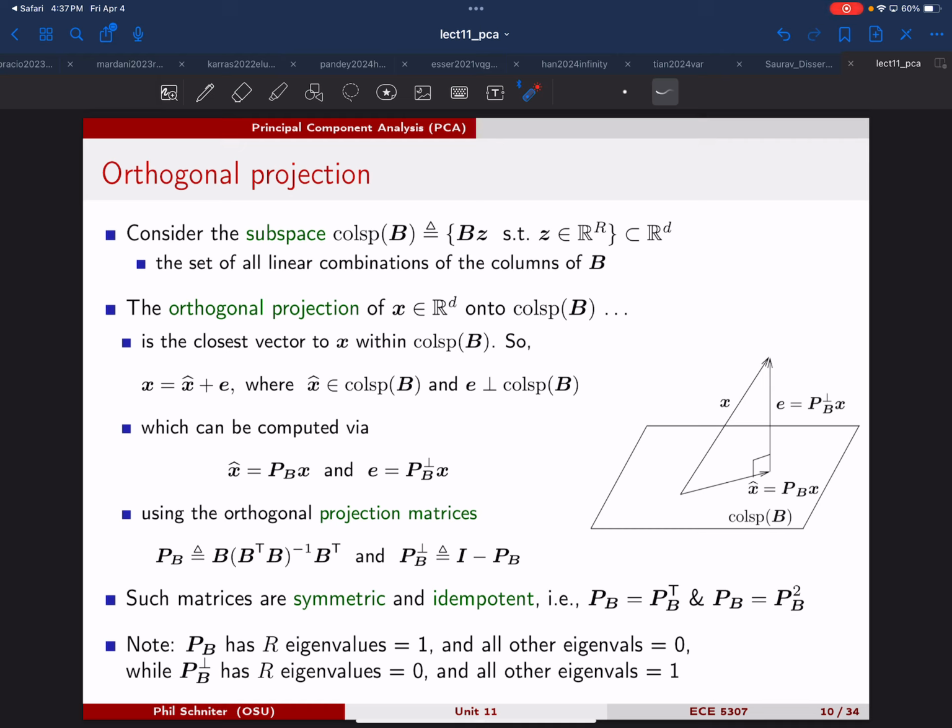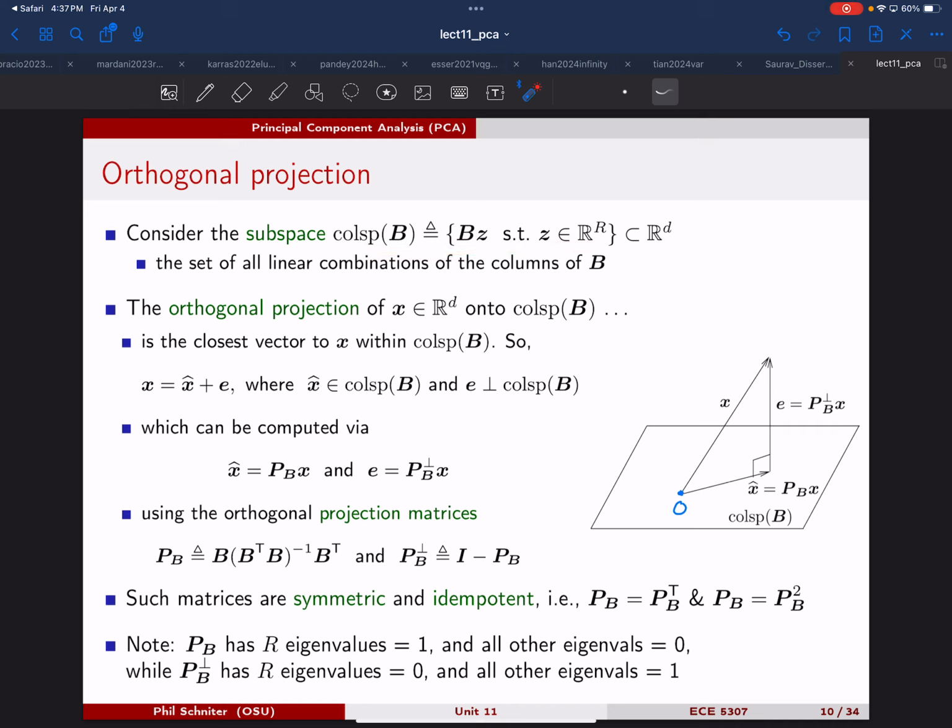In other words, I'm talking about all linear combinations of the columns of B. So in this picture, this here would be the origin. And if B would be any two vectors in this plane, then by taking all the linear combinations of those vectors, I get this entire plane. So this plane is the column space of the two vectors that define it.